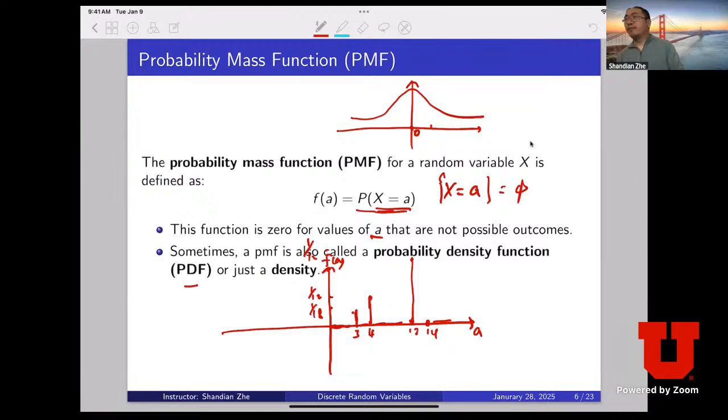So as we mentioned, right, the event x equals to A represents the set of all the elements in the sample space where, when the random variable is evaluated on those elements, it is equal to A, right?